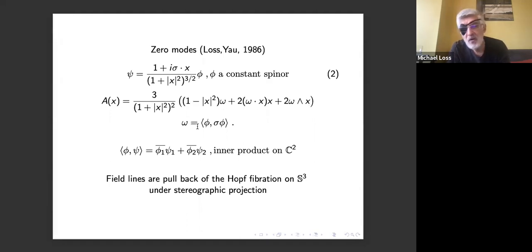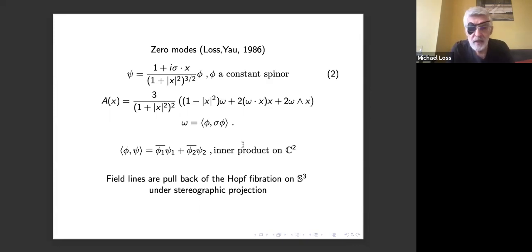And the w, or omega, I think it's w, you have to relate it, of course, to psi. And the way you relate it is that you set w equals the inner product of phi with sigma phi. So this is a vector, okay? And by the way, this bracket here denotes just the inner product on C2, okay?